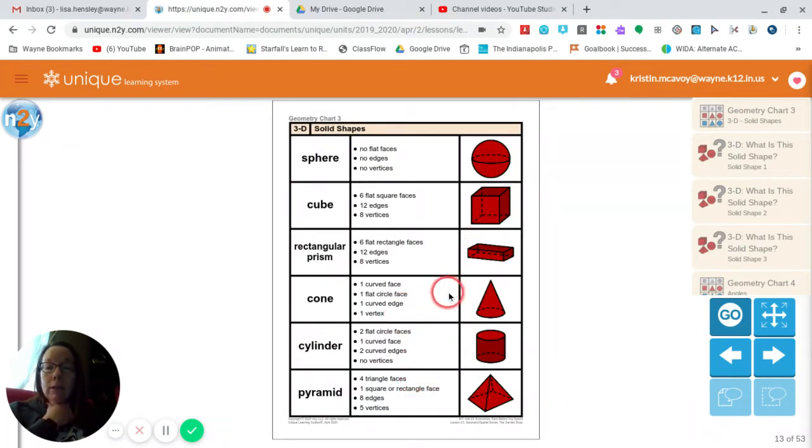Now we learned other things about our shapes like the cube, the rectangular prism, the cone, the cylinder, and the pyramid. And this gives us a description of all of the faces, edges, and vertices for each shape. Okay, so you can refer to this to help you answer the question for each shape.